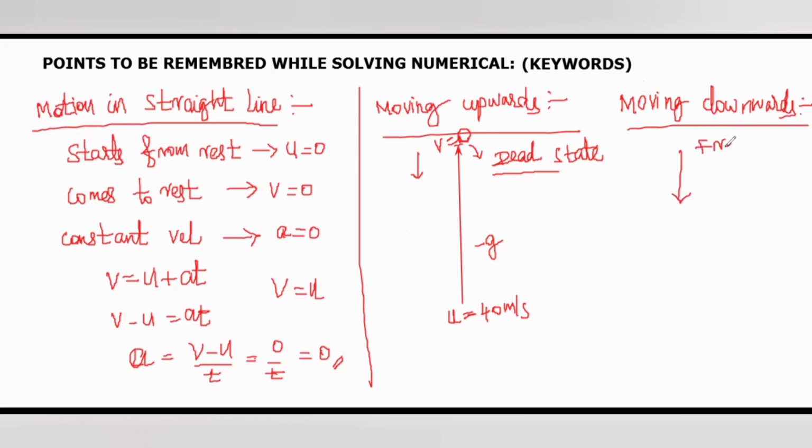Okay, if it is free fall, then its initial velocity equal to 0. When the object is thrown upwards with some velocity, if it reaches the dead state, the final velocity equal to 0. In the free fall condition, its initial velocity equal to 0. So these are all the keywords to be remembered while solving the numerical in motion in straight line or otherwise motion under the influence of gravity.